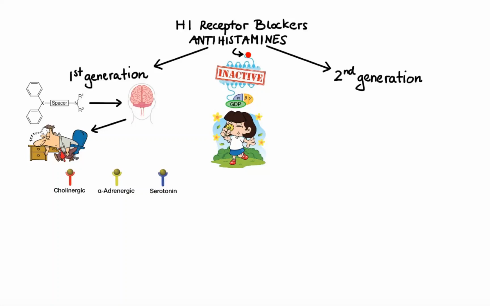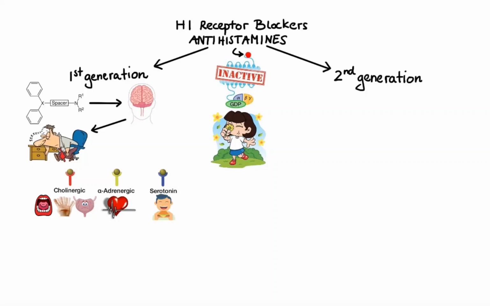For example, blockade of cholinergic receptors may cause dry mouth, blurred vision, and urinary retention. Blockade of alpha-adrenergic receptors may cause hypotension and reflex tachycardia. And lastly, blockade of serotonin receptors may cause increased appetite.